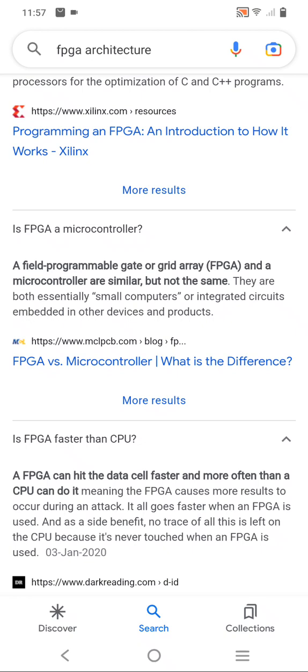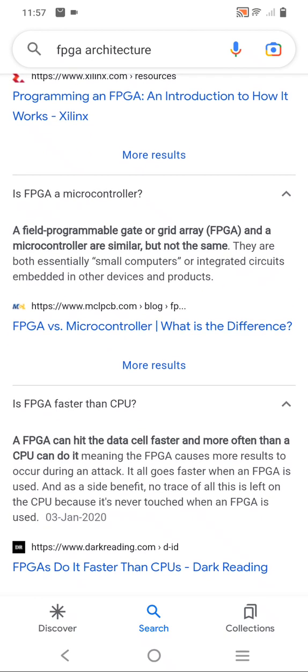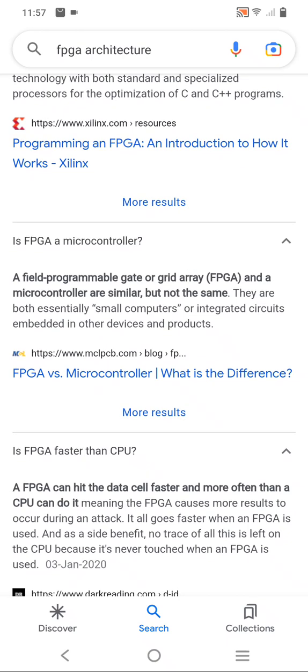Only a small part of an FPGA is like a microcontroller. They are both essentially small computers or integrated circuits. They are converting signals into different types of signals and then giving the output for specific applications.